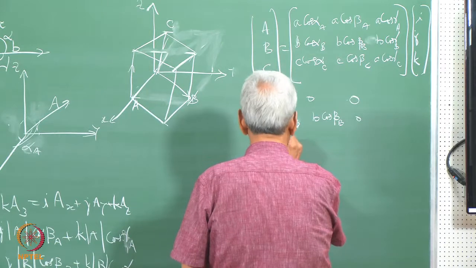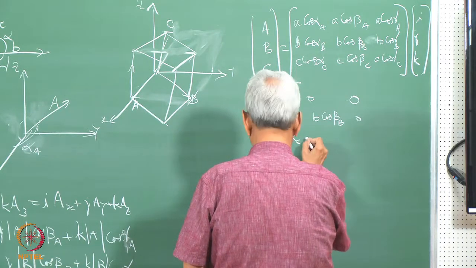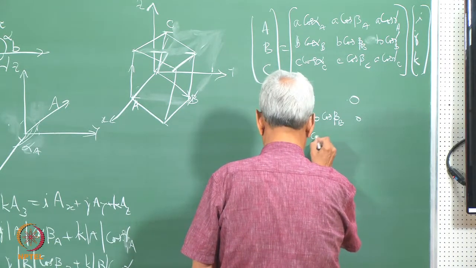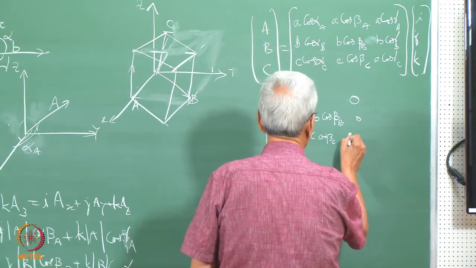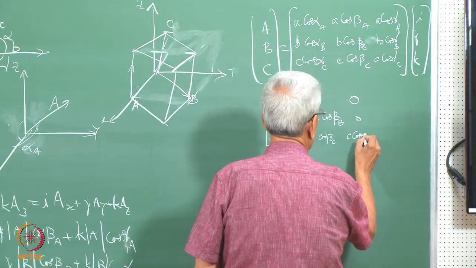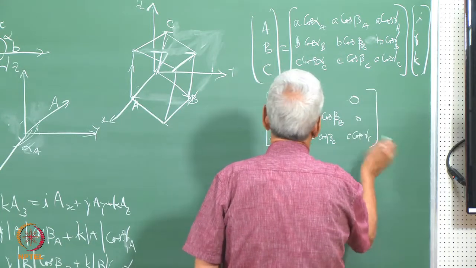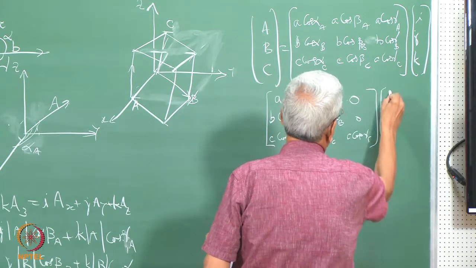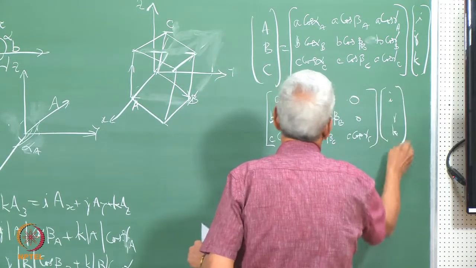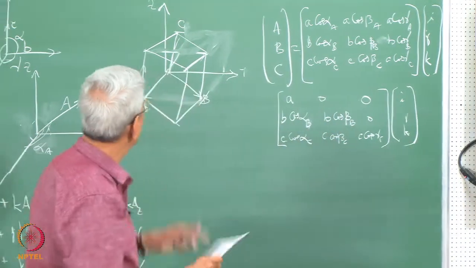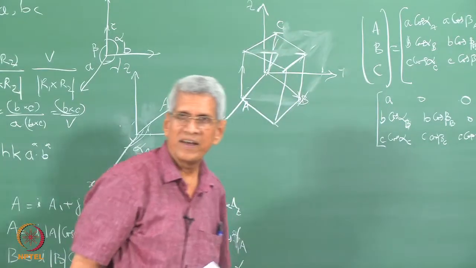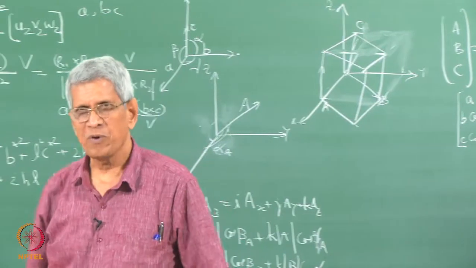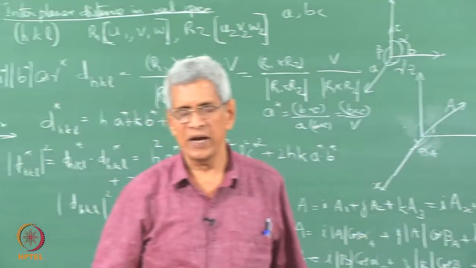For C, it is C cos alpha C, C cos beta C, C cos gamma C, then into i, j, k. So, this is the expression for A, B, C in terms of the orthonormal coordinate system which we have.